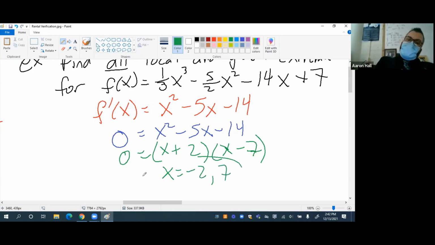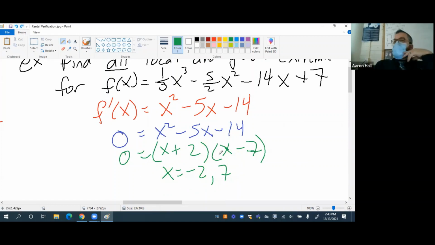So does that guarantee one of these is a max and one is a min? No. I know there's a stationary point. I know my slope is 0 when x is -2 or 7, but it could be a stationary inflection point, it could be a max, or it could be a min.